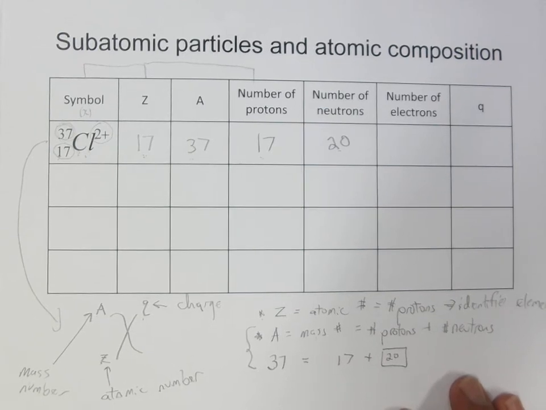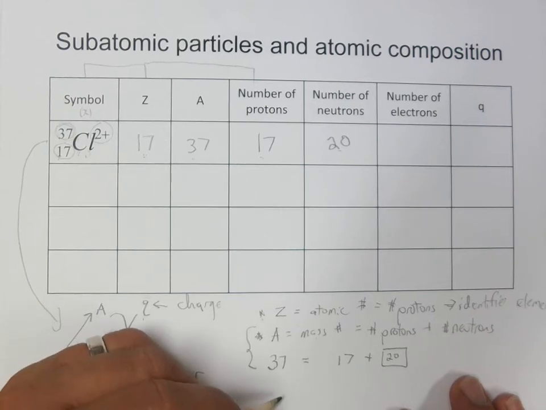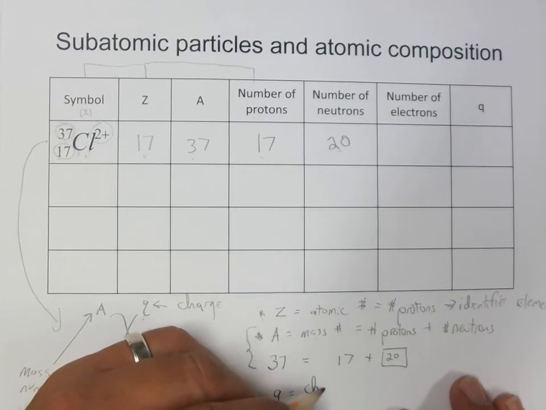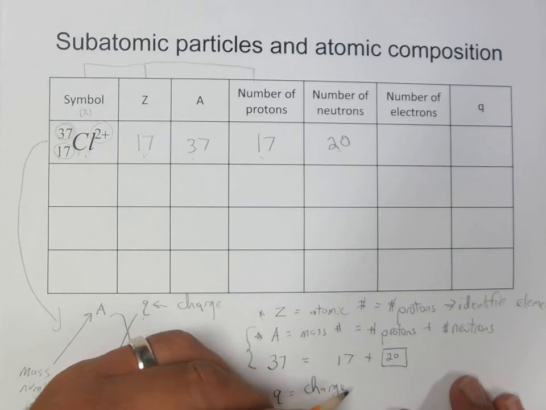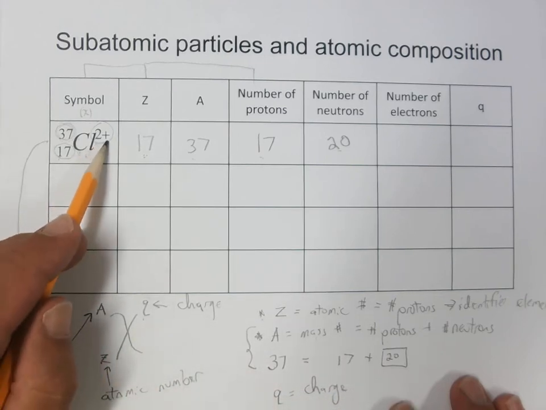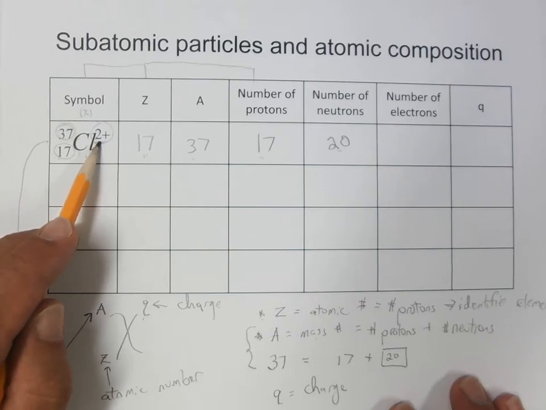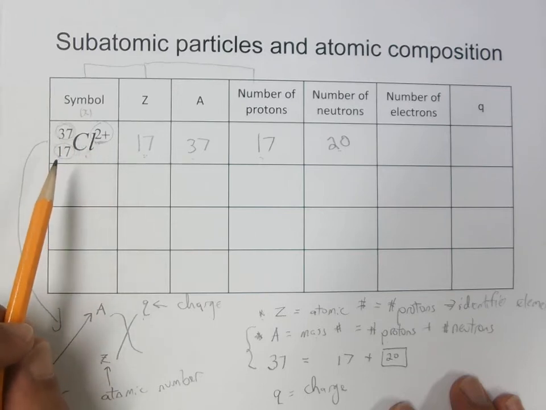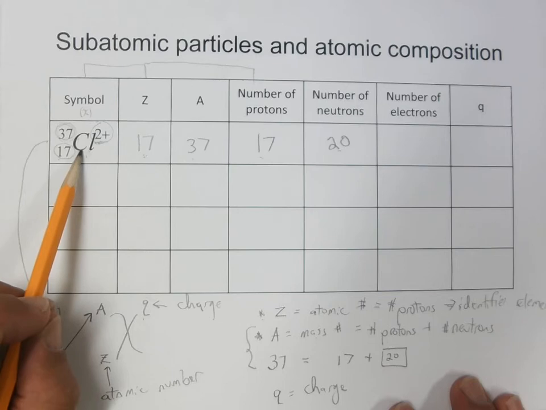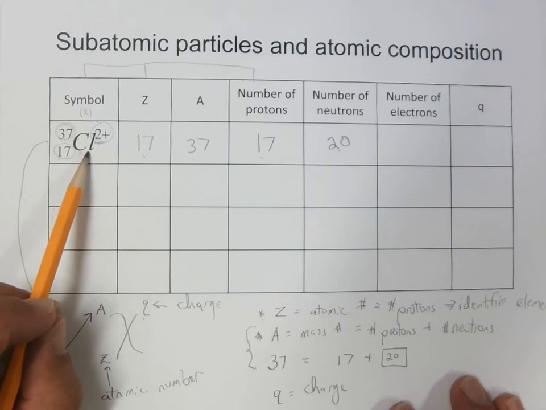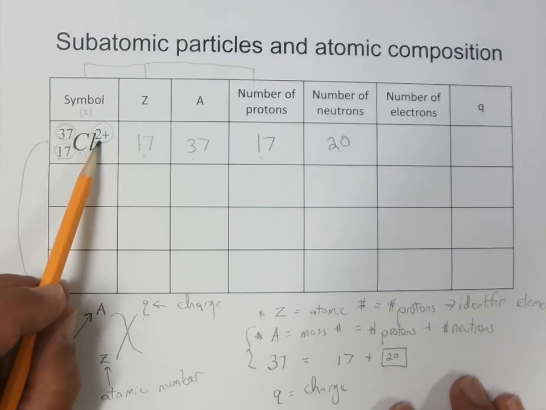And the third, and sometimes the most confusing one, is charge, where again the charge comes from the balance of the protons and the electrons. So like here, it shows a very odd chlorine 2+. Now the way chlorine got to be 2+ is it lost 2 electrons. So the number of electrons isn't fixed for a certain element. You can take electrons or add electrons in, and so chlorine with a 2+ charge means it lost 2 electrons.